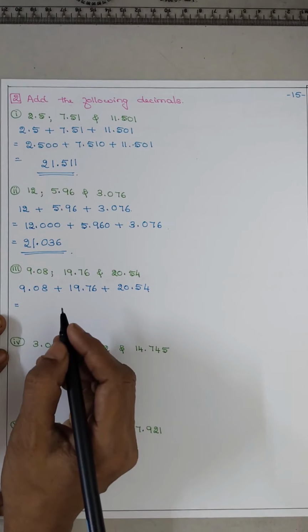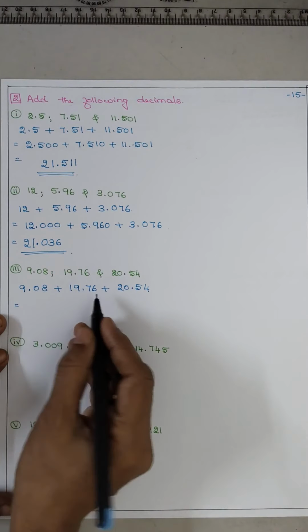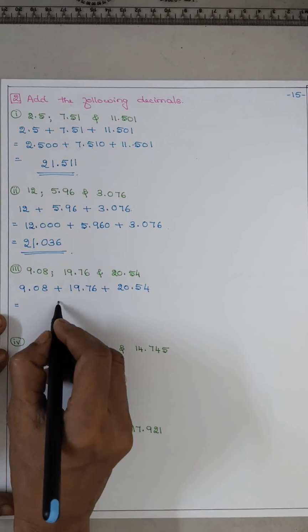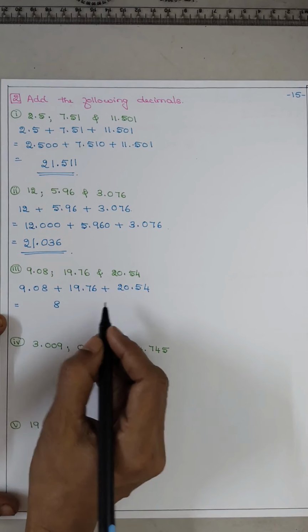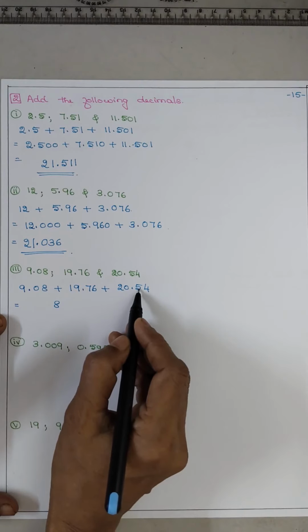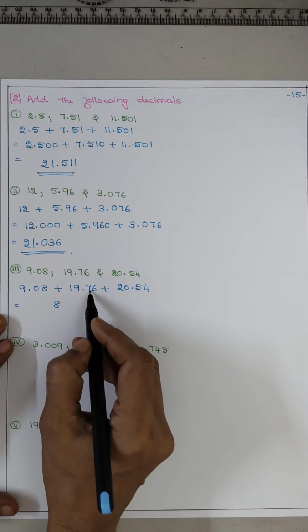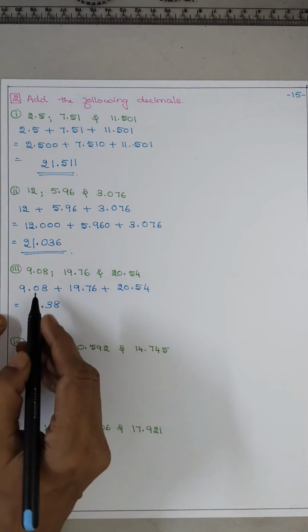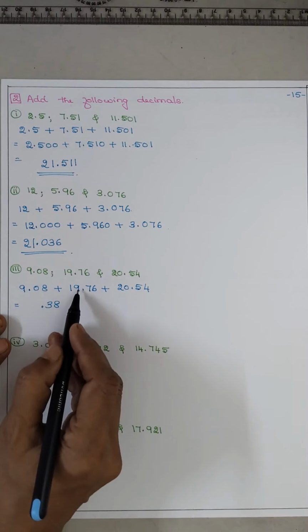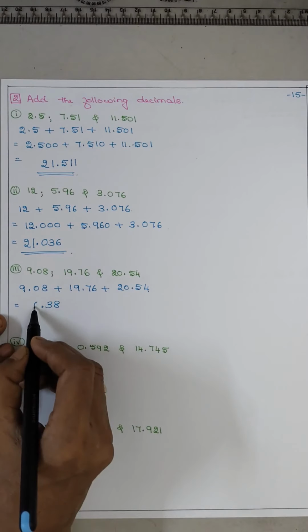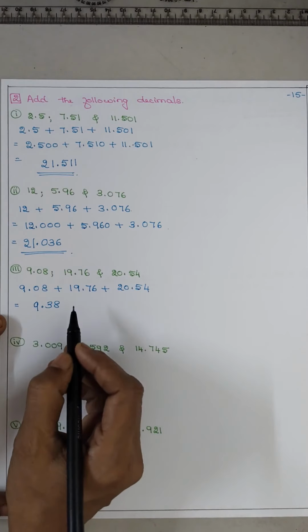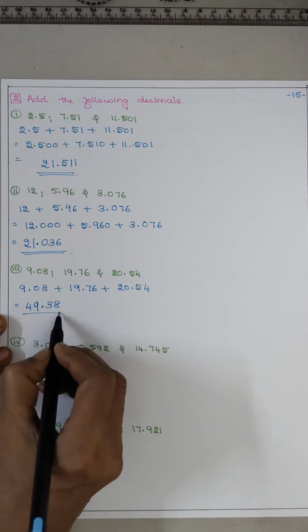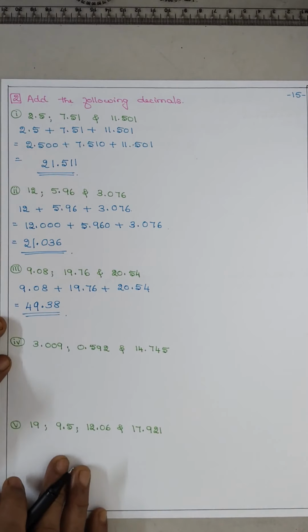Directly you can do. 4 plus 6 is 10. 10 plus 8 is 18. 1, 6, 6 plus 7, 13. 1, 9, 10, 19. 1, 2, 3, 4. The answer is 49.38.